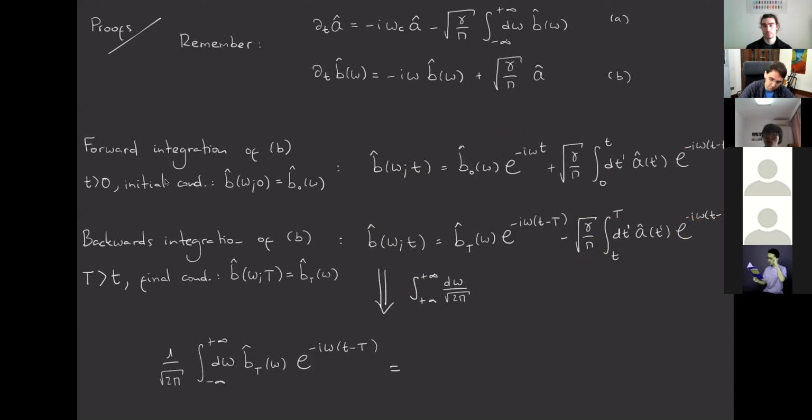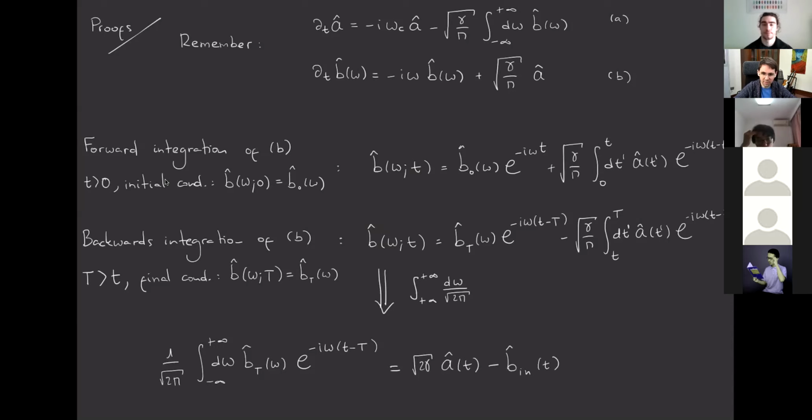So this means that at the end of the day, this thing that I just wrote in here is equal to 2 gamma, and then the intracavity operator at time t minus the input operator at time t.